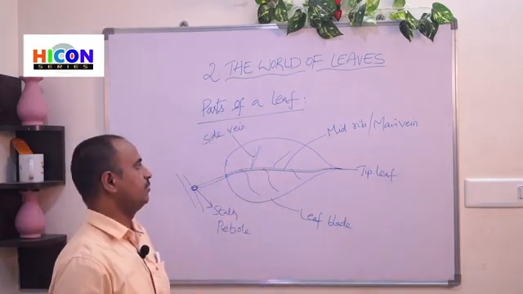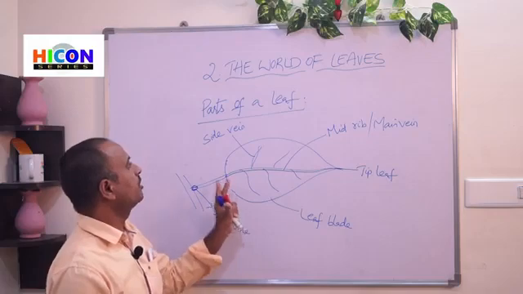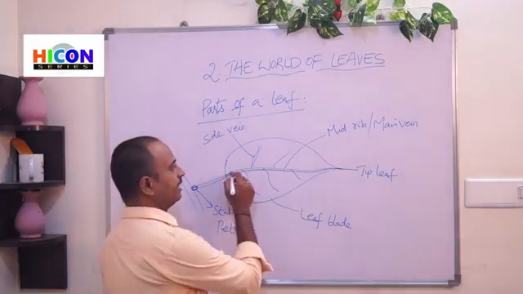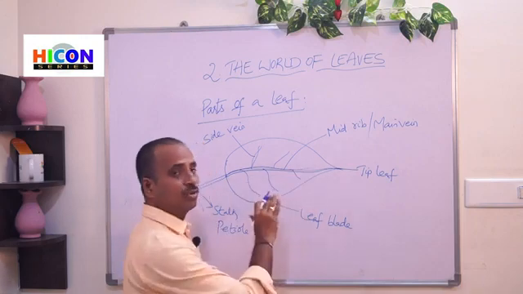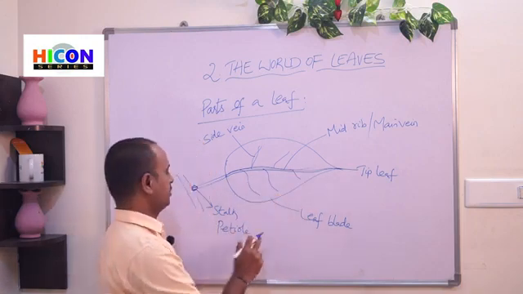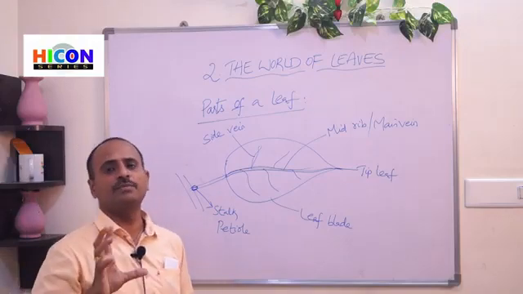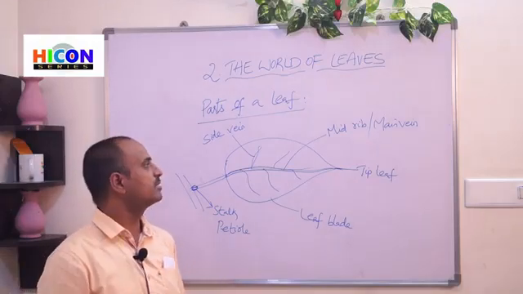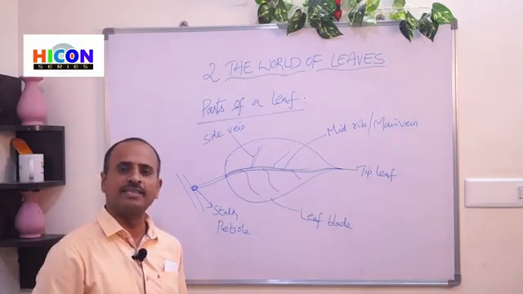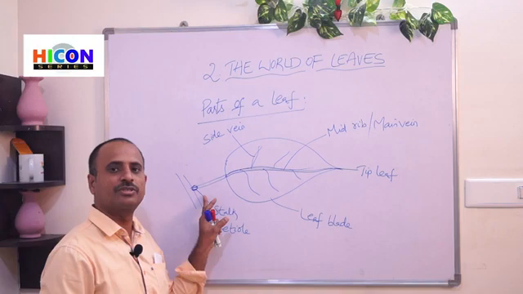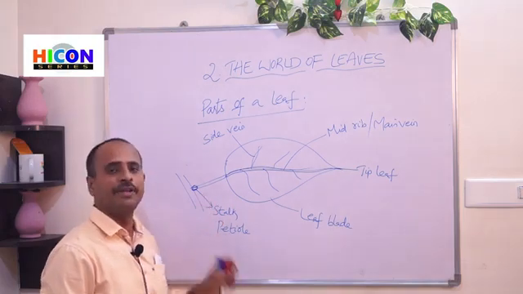So these are some important parts of the leaf. Here the midrib divides the leaf into two parts. Look at the picture. The part where the leaf is attached to the stem is called stalk or petiole.